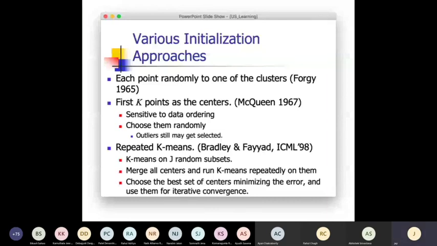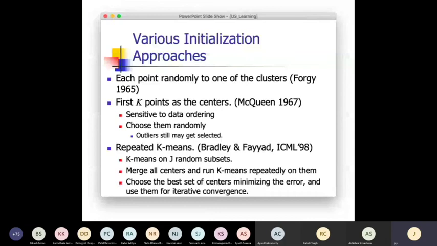There you can choose the best set of centers, minimizing the error, and use them for iterative convergence. You take the centers of those centers, those k centers, and again perform k-means.